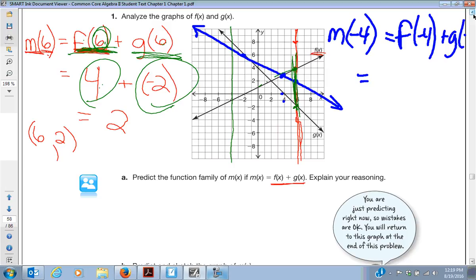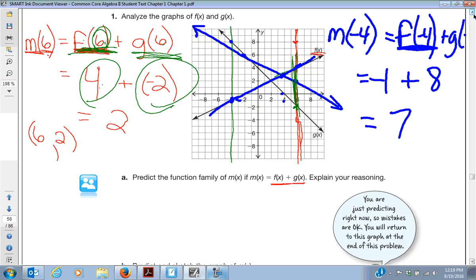So what's my y value when I'm on the f line and I'm at negative 4? This is the f right here. And where is it at negative 4? It's at negative 1. So you should put a negative 1 plus, go to your g, sit right there, which is 8 as the y value, and that should be 7.